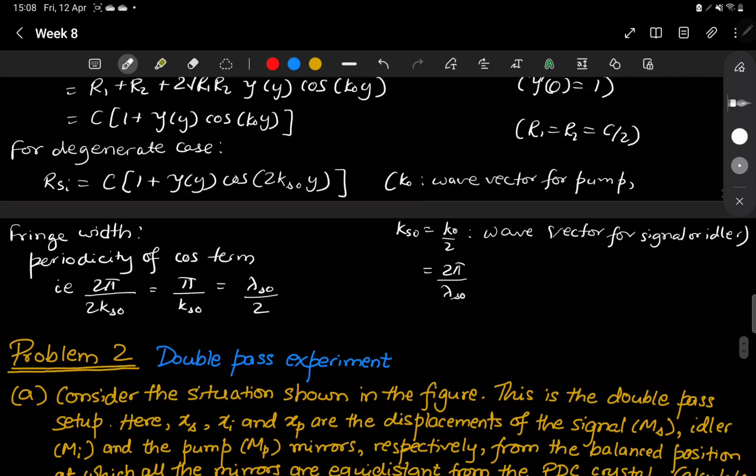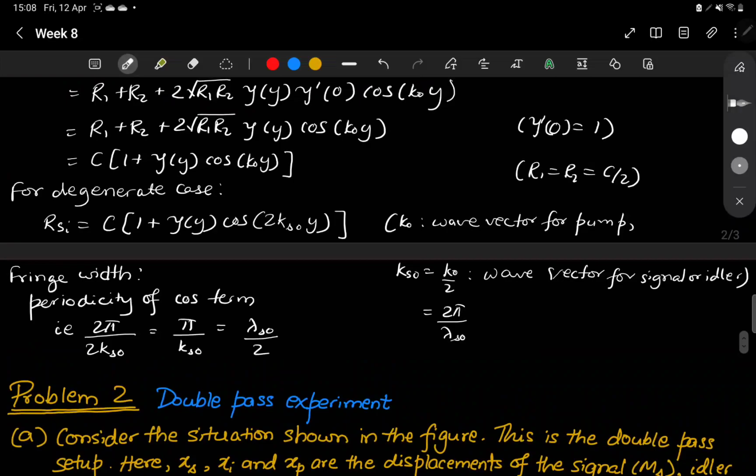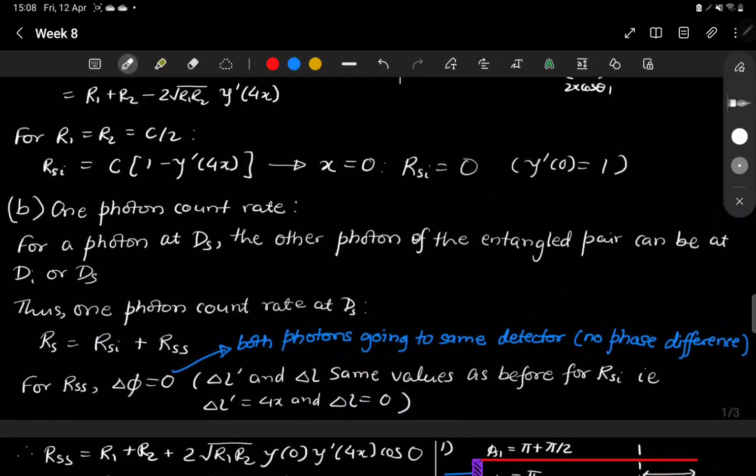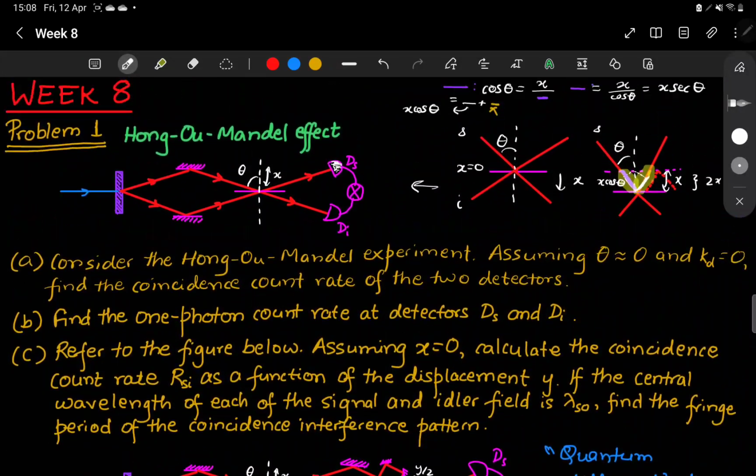So that's the fringe width. This completes problem 1 on the Hong-Ou-Mandel effect.